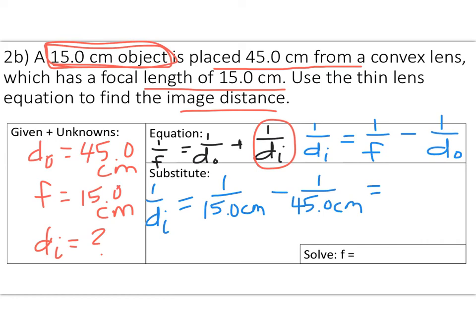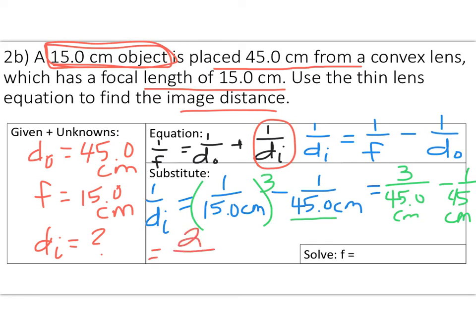And we need lowest common denominator again, which in this case is already 45. So to make this one match the 45, I multiply by 3. And I get 3 over 45 centimeters minus 1 over 45 centimeters. 3 minus 1 is 2 over 45 centimeters.